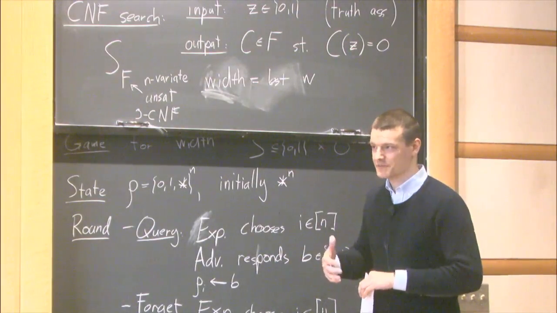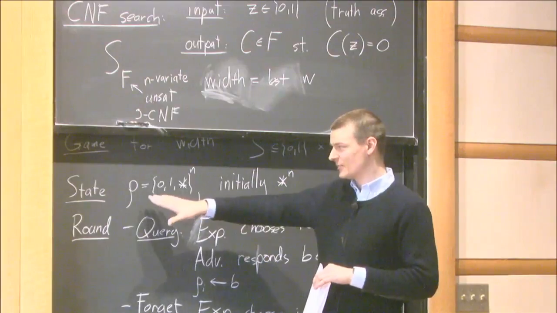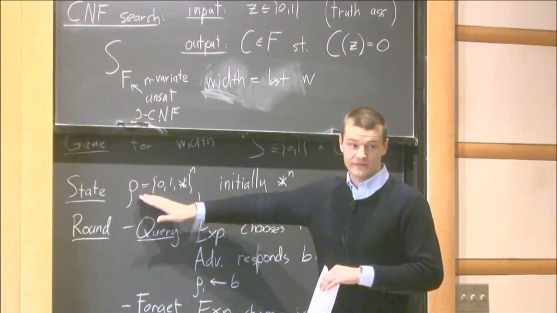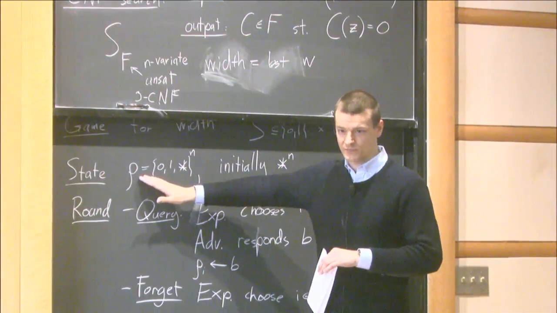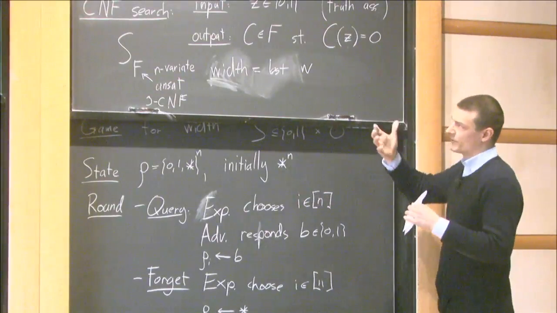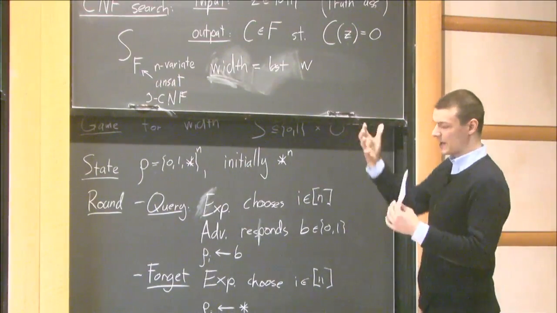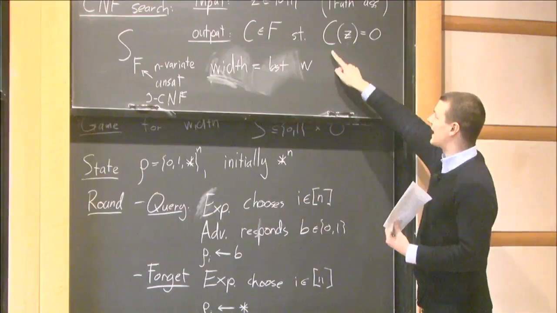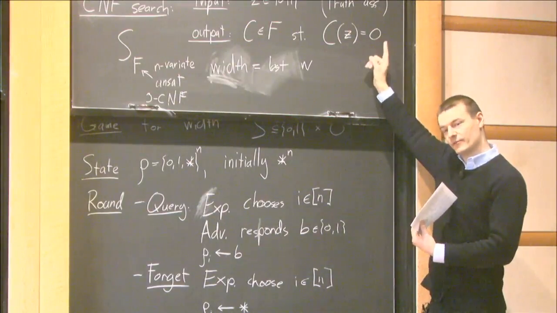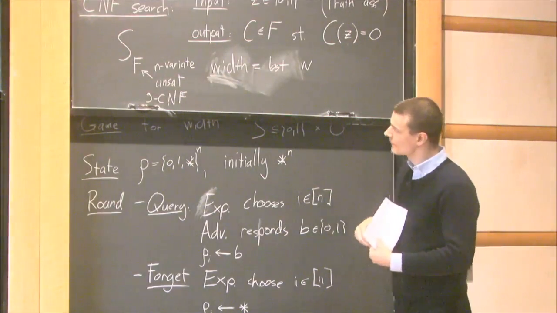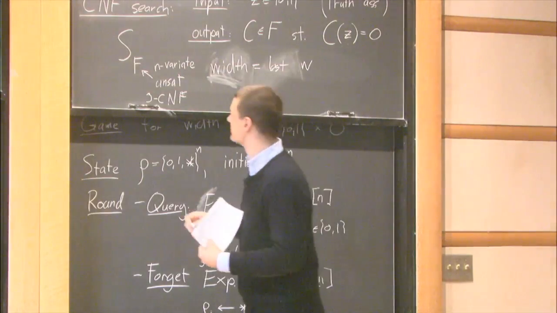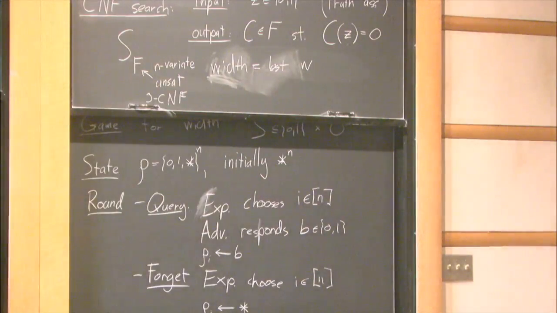The end condition for the game is that you arrive at a partial assignment from which you can infer a solution to the search problem. So concretely, for a CNF search problem, you arrive at a partial assignment that makes one of the clauses falsified.